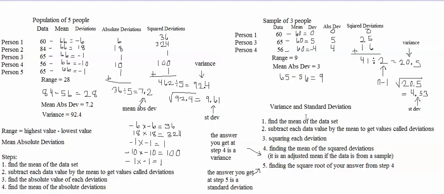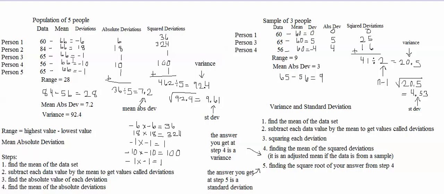Remember how I said that the mean absolute deviation was higher over here? I mean, the mean absolute deviation was 3 here, and it was 7.2 over here. And the reason why it came out to a higher number with the entire population is because the population had more dispersion.